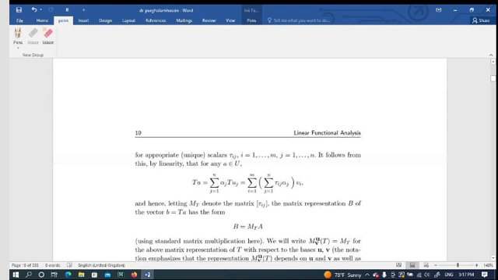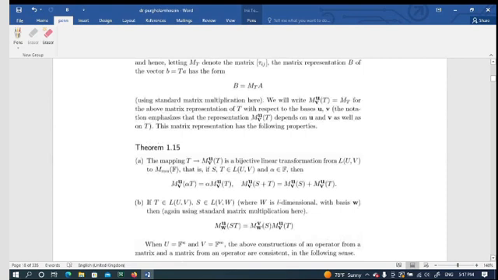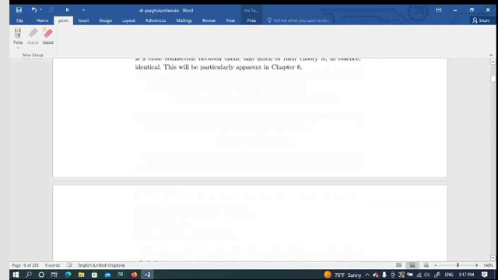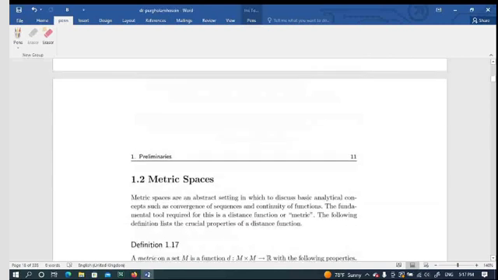We pass from these sections, and another thing is metric space, but you should study metric spaces in geometry and elementary analysis. So I pass from these two.